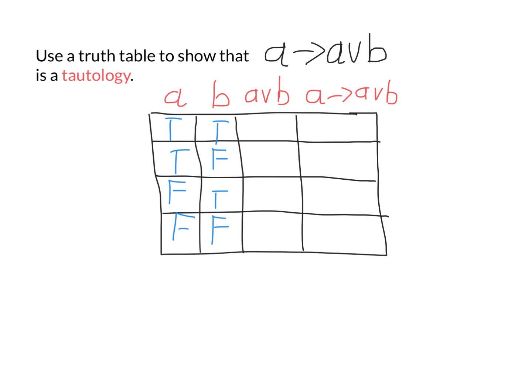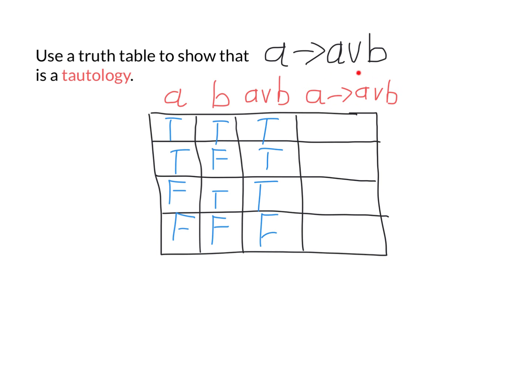A or B only requires that either A is true or B is true. So if A is true and B is true, then A or B is definitely true. Similarly for all these, the only time A or B is false is if A is false and B is also false.